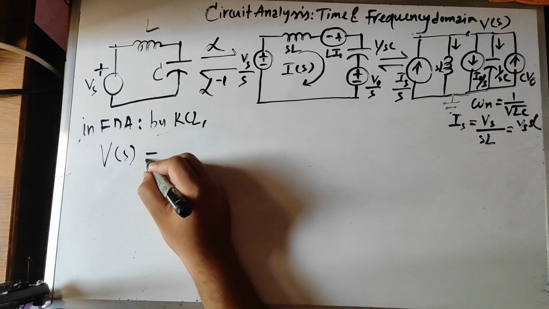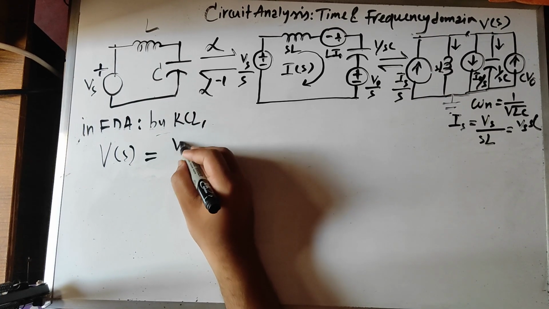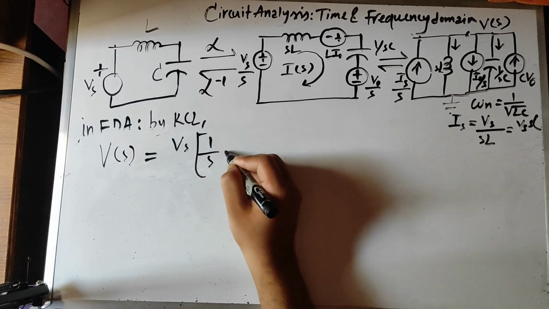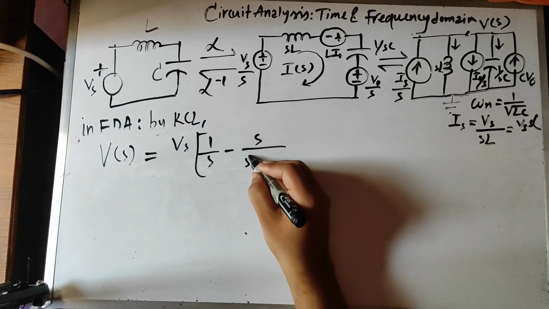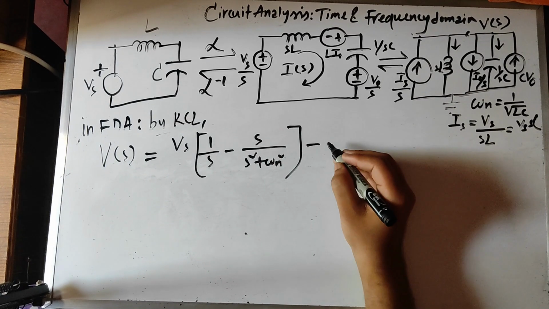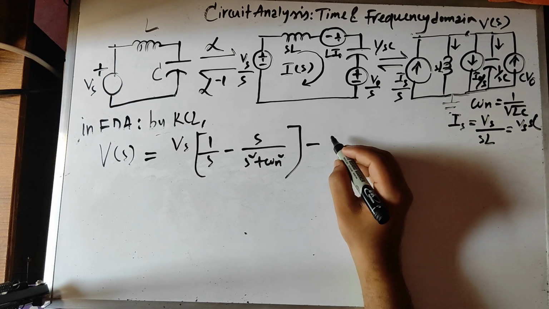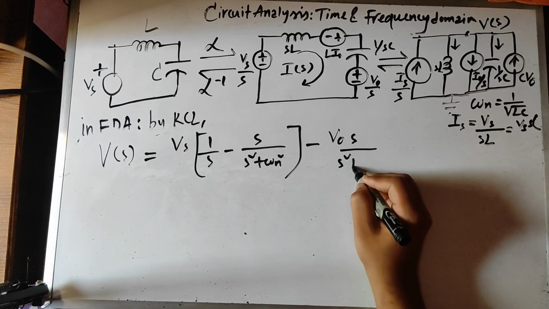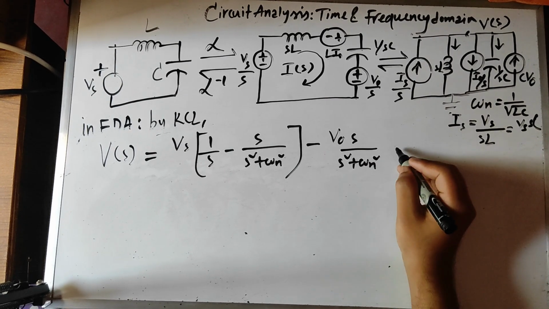Now the voltage response V(s) is Vs times (1 by s minus s by s squared plus omega n squared) plus Vo s by s squared plus omega n squared, minus Io by omega n C times omega n by s squared plus omega n squared.